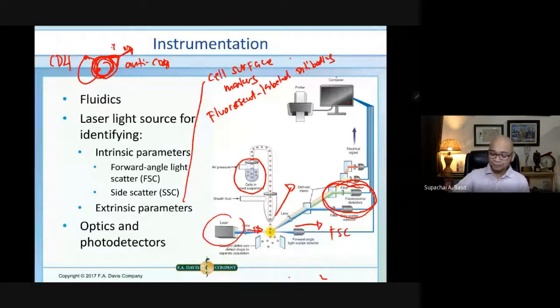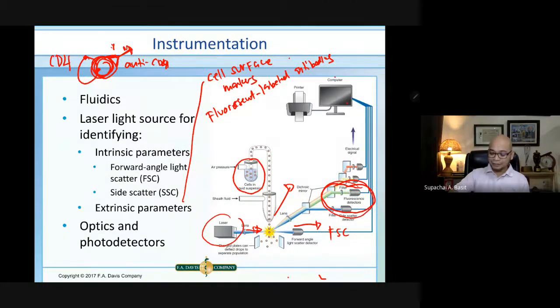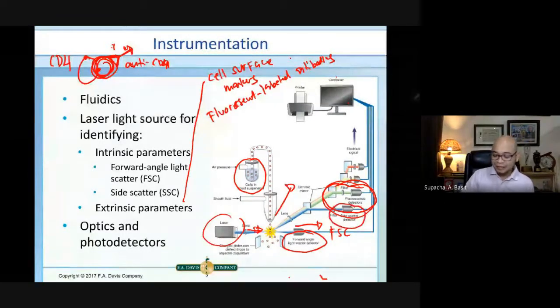And of course, there are several types of detectors. What are the several types of photodetectors? We have the forward angle light scatter detectors, the side scatter detectors, and the fluorescence detectors. So take note that we have identified three detectors.